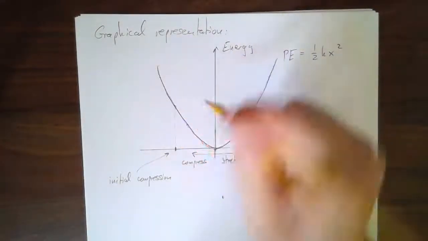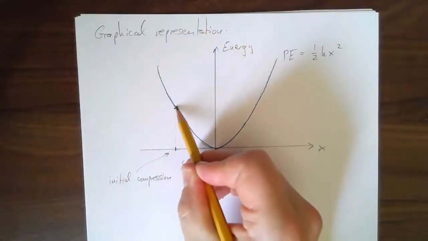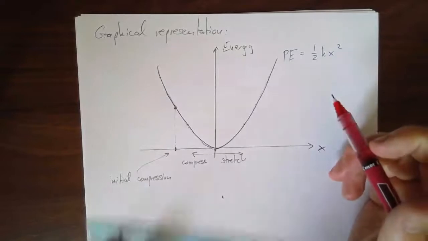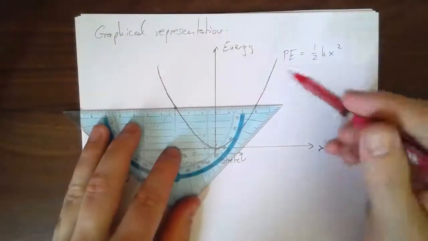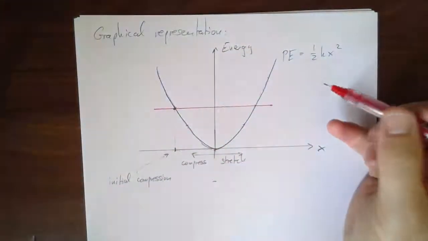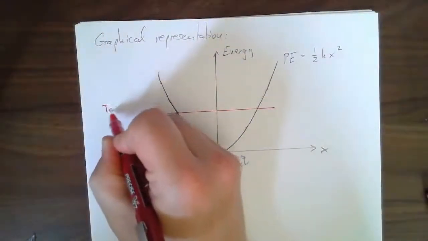That means my spring has a certain amount of energy, stored in the fact that it's compressed. And now that energy is going to determine the total energy of the system once I let go. So if I plot a line here, that line represents my total energy.